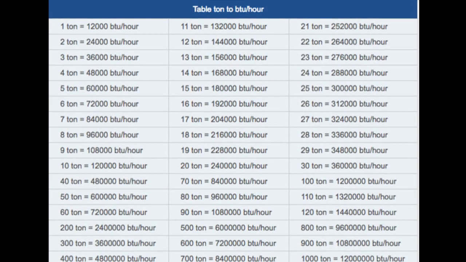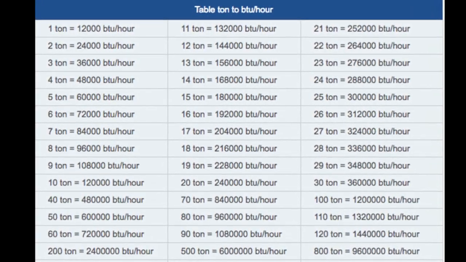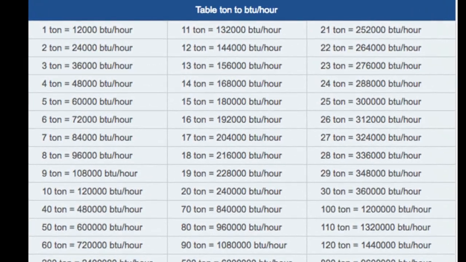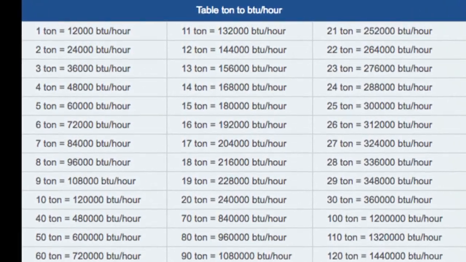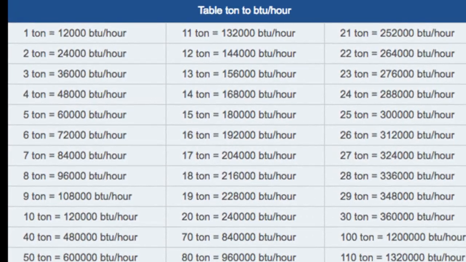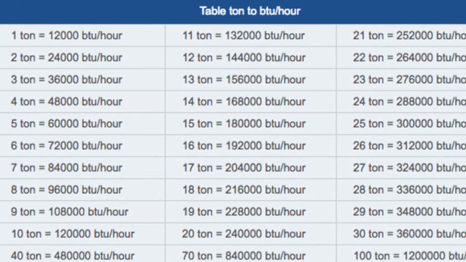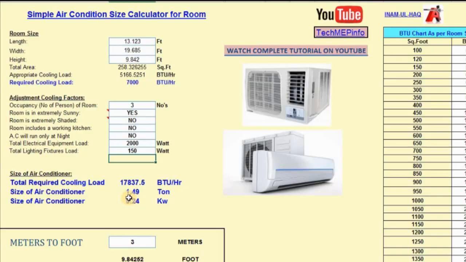For your information, 12,000 BTU per hour requires a 1 ton AC, and 24,000 BTU requires a 2 ton AC. Between these values, you will require a 1.5 ton AC. It means that a 1.5 ton AC is required for your room with this dimension and these criteria. If you change your criteria, it will definitely change.